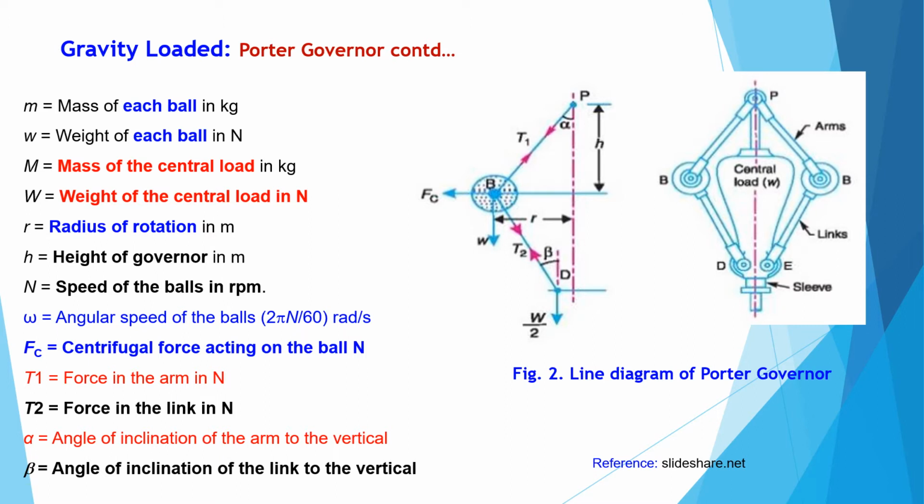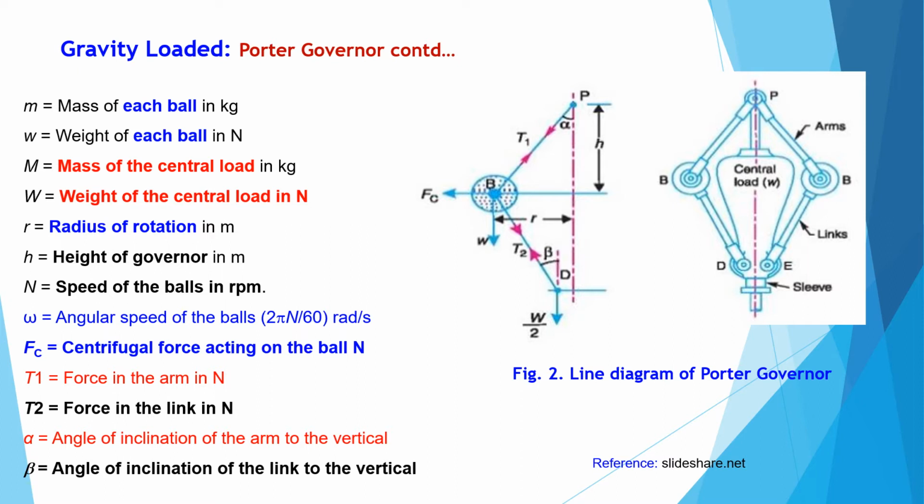The mass of the ball is small m and the mass at the center on the spindle is capital M. The radius of rotation of the governor is the horizontal distance from the middle of the ball to the spindle axis, and the height of the governor is the vertical distance from the middle of the ball to the arm pivoted on the spindle.